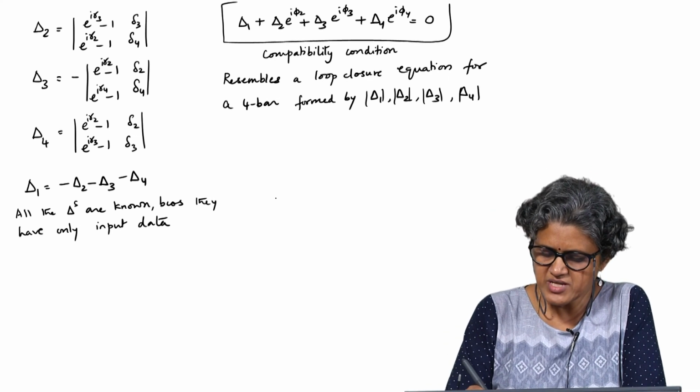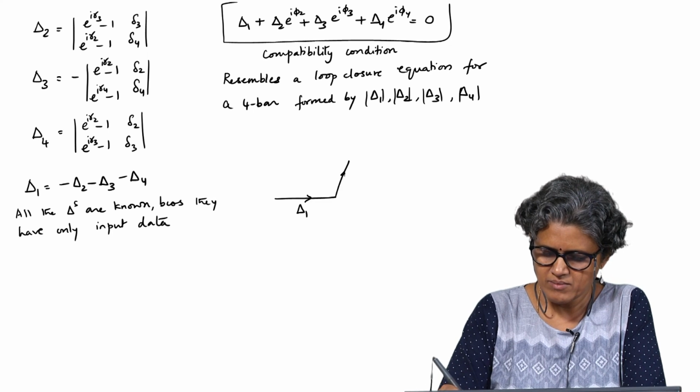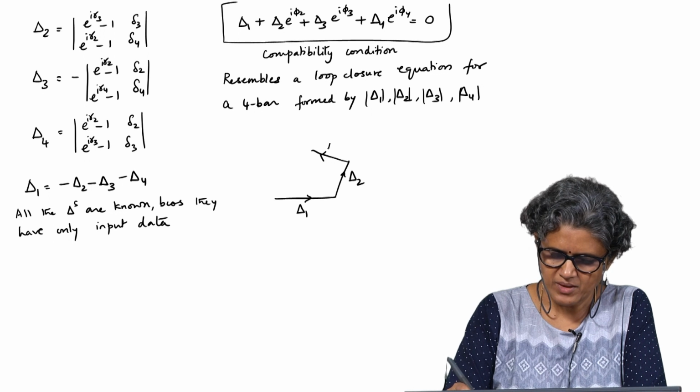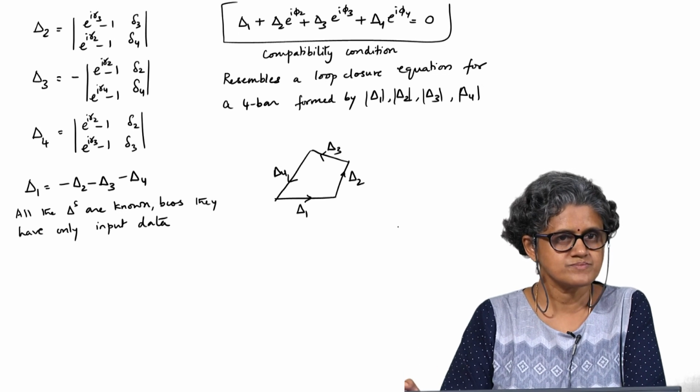So, in the first position I have delta 1 plus some delta 2 plus delta 3 plus delta 4, that is equal to 0.